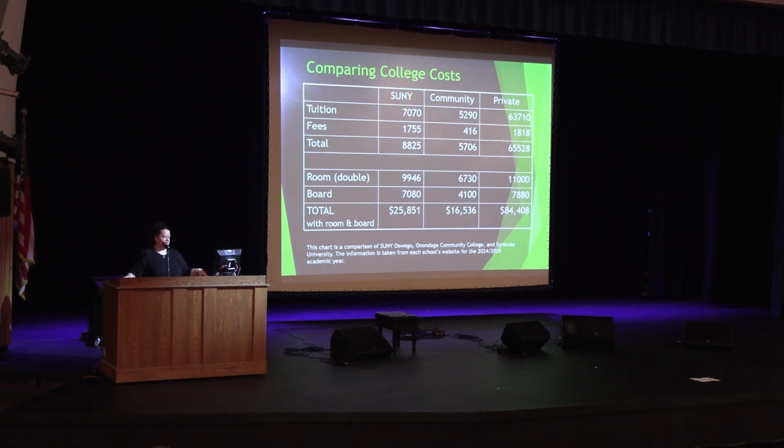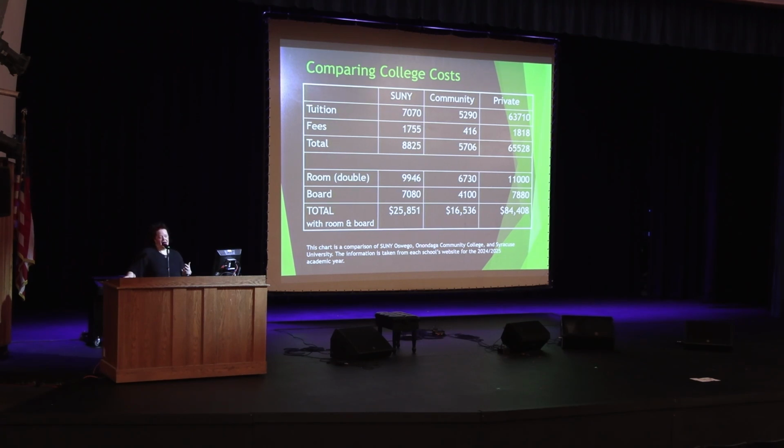Private college is obviously a lot more, but they also have bigger endowments, private money that they can give out more scholarships. A lot of private schools will offer scholarships that will bring their cost down to a similar price of a SUNY school.